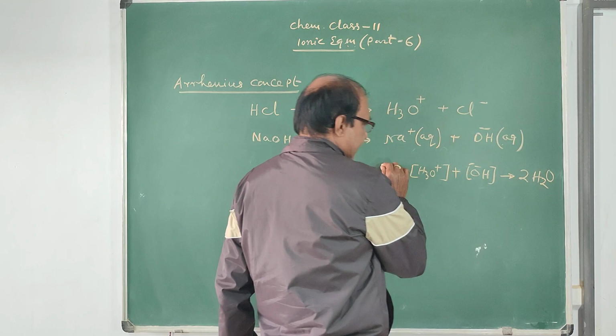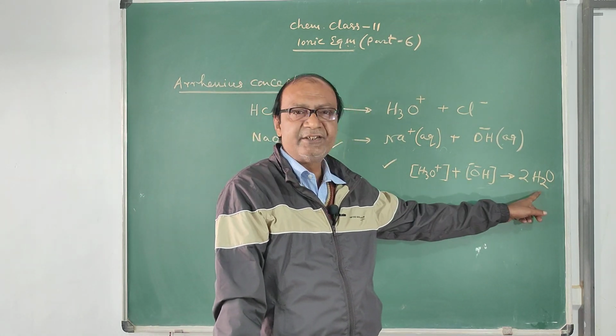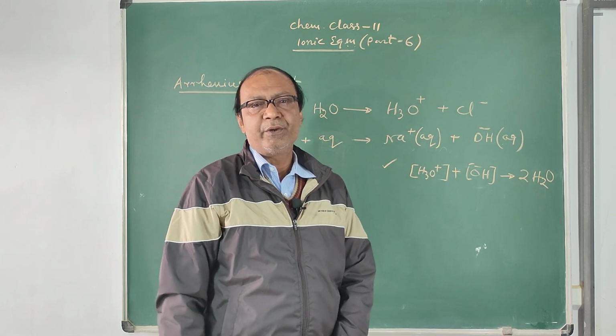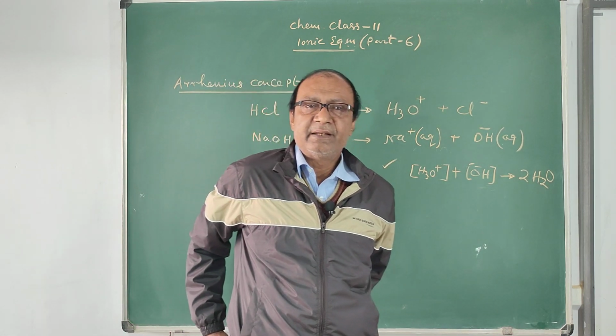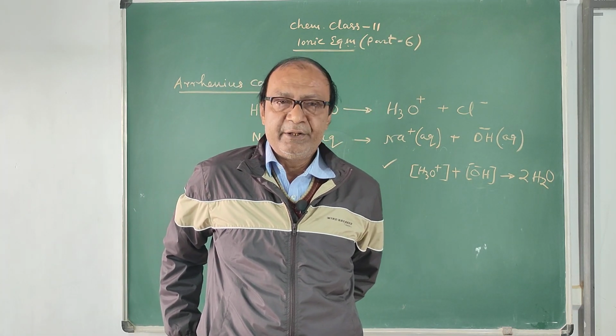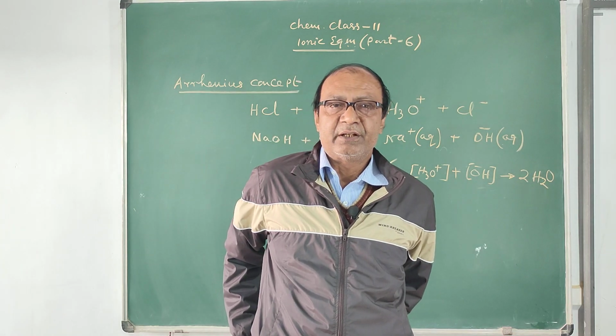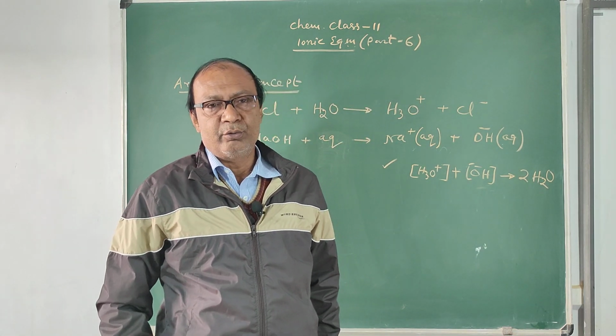So according to Arrhenius, acid and base react with each other to form water. This is neutralization reaction, as you know. Neutralization reaction means the acid and base react with each other to form a neutral solution, a solution of salt and water. So this is known to you.